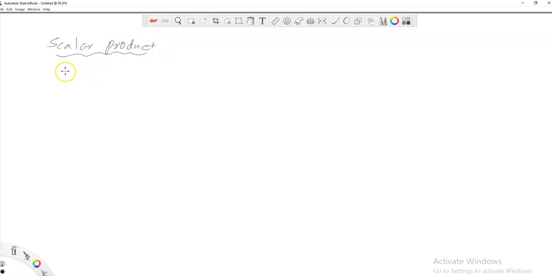If you have two vectors, vector A and vector B, vectors are indicated by this little hat on top of the letter. So the scalar product, or the dot product, A dot B is given by AB cosine theta.